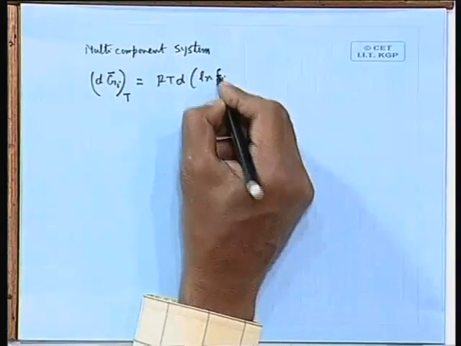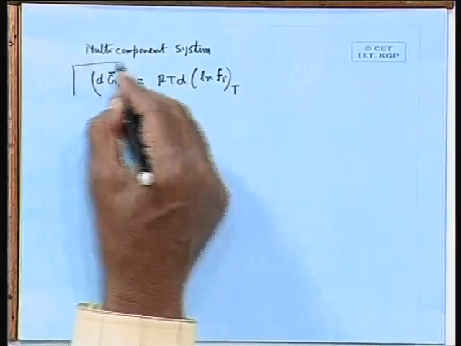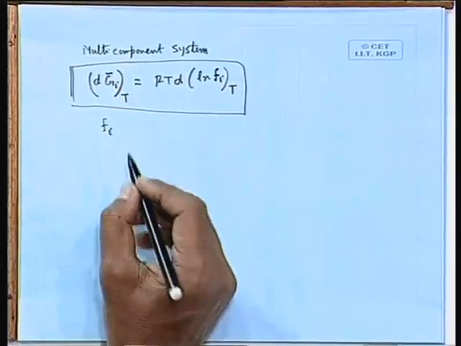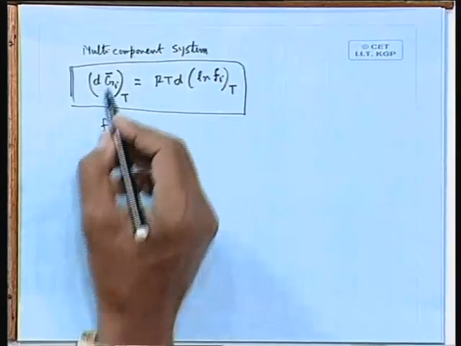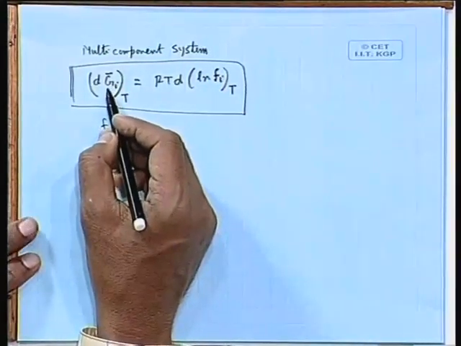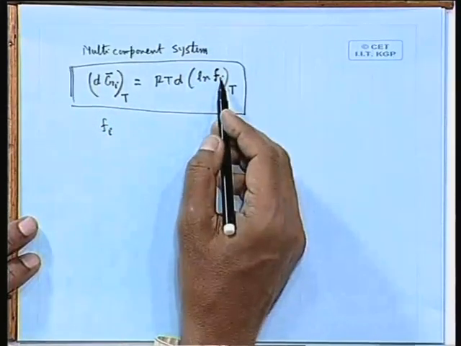Fi is the fugacity of the ith component. So this is the definition of the fugacity of an ith component in a mixture of a multi-component system, where Gi bar is the partial molar Gibbs function of the component and Fi is the fugacity of the ith component.